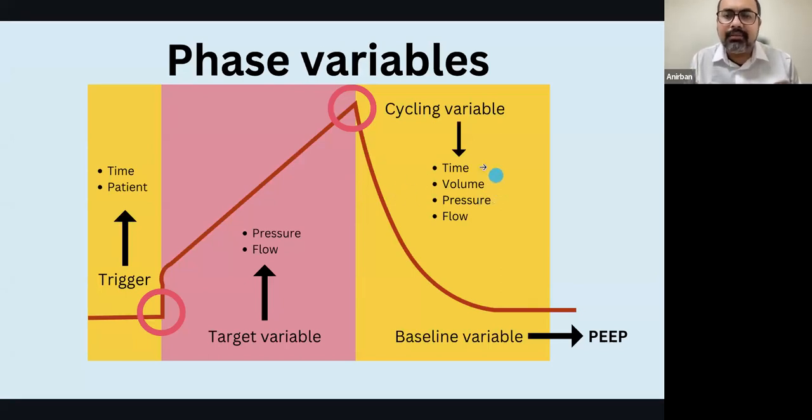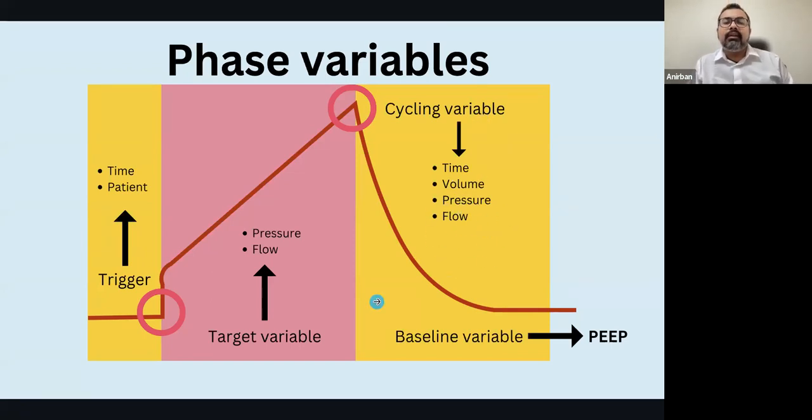However, in the majority of cases, you set the tidal volume, the inspiratory expiratory ratio and respiratory rate. Accordingly, the ventilator will calculate the time of inspiration and the flow, because the volume divided by time is the flow. So the majority of the time it is time cycled.